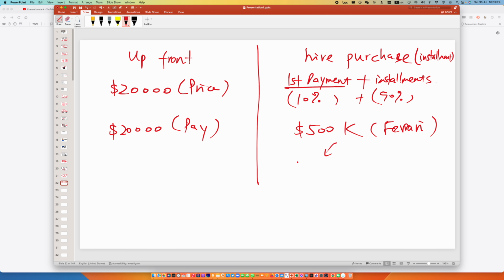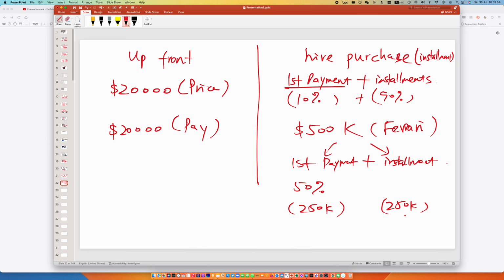Just remember the first payment plus the installment. The first payment is 50%. So 50% of 500k is how much? You pay 250k, so you still have 250k left to pay off.